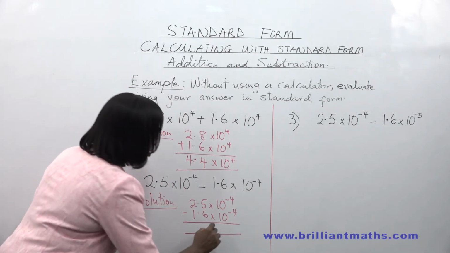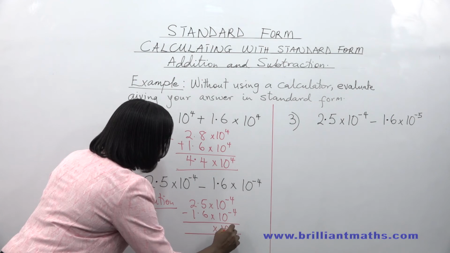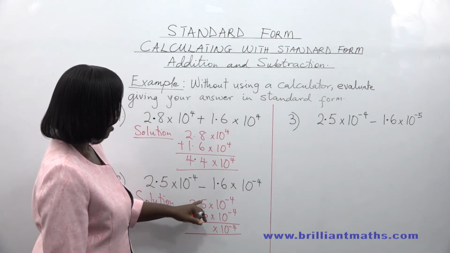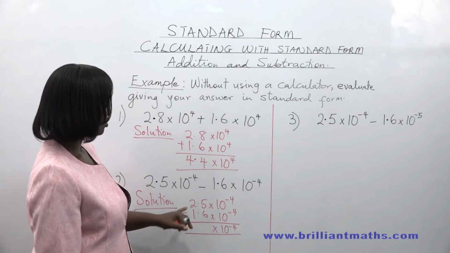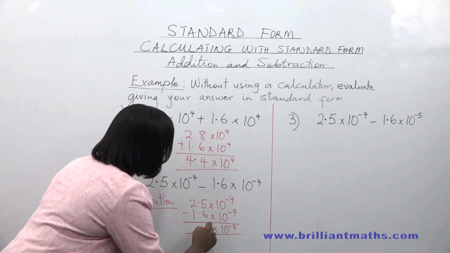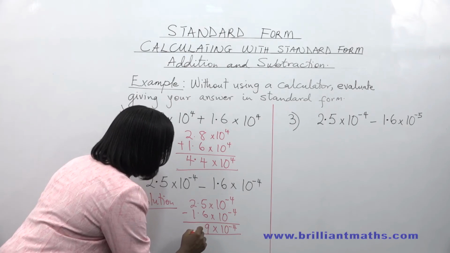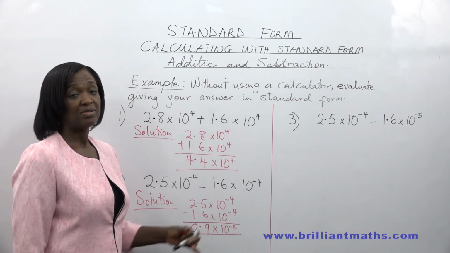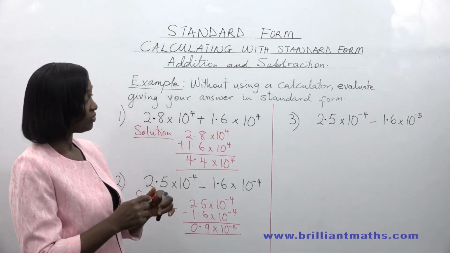Simply subtract, and it remains times 10 to the power minus 4. 5 minus 6, borrow 1 from 2. 15 minus 6 is 9. So the answer is 0.9 times 10 to the power minus 4.